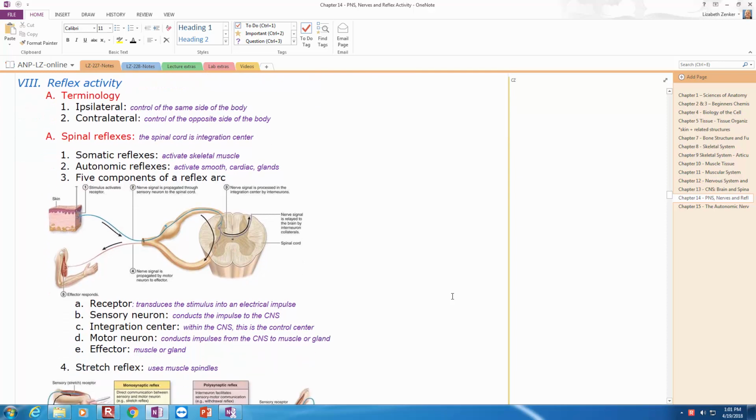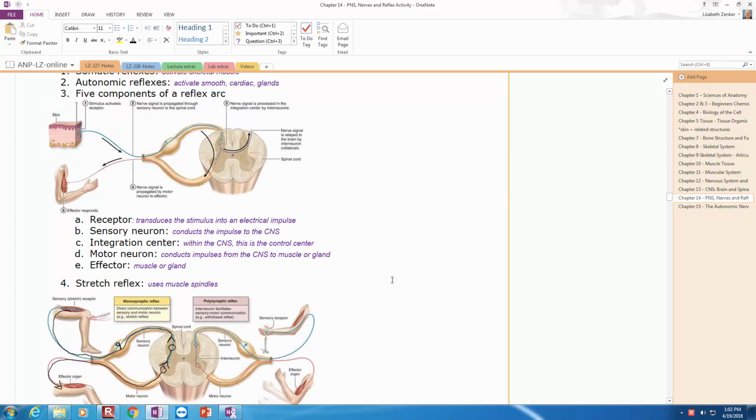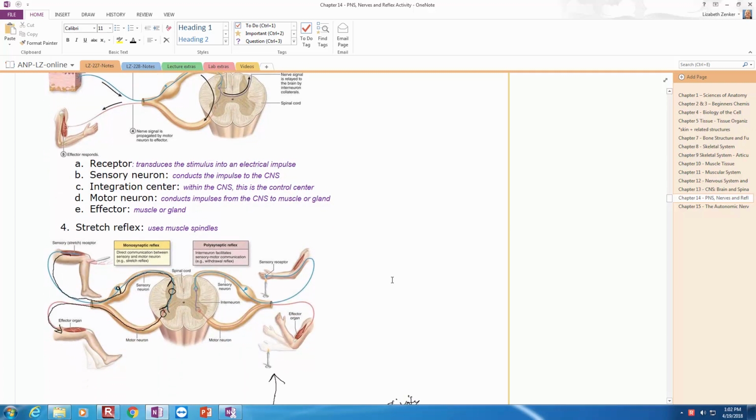So we have on spinal reflexes, we had somatic, autonomic. Somatic had 5 components. Autonomic has 6 components. We're going to be talking more about autonomic starting today, which is chapter 15. And we talked about the 5 components of receptor, sensory neuron, integration center, motor neuron, and effector.